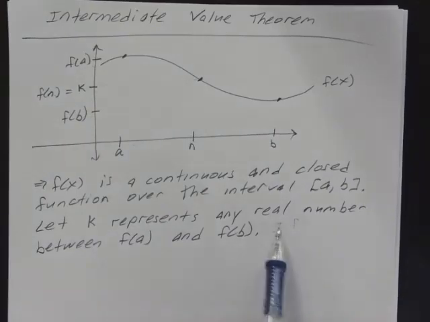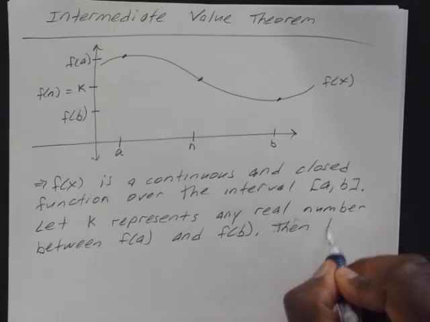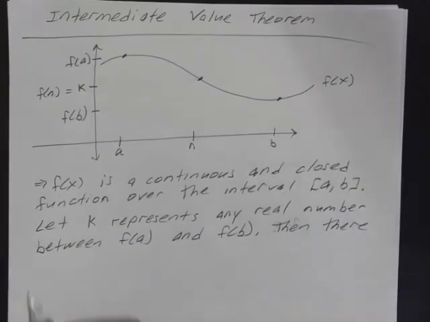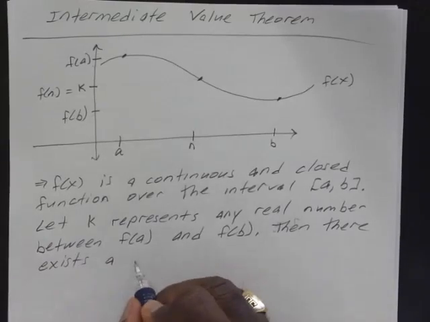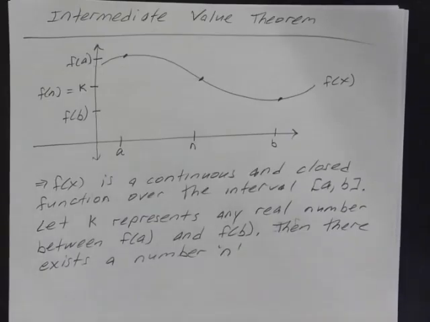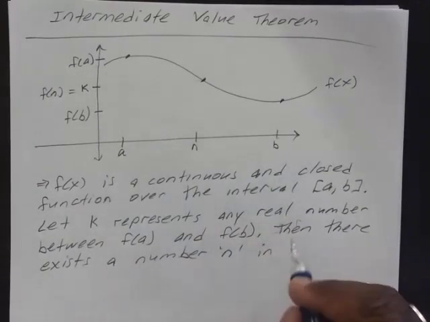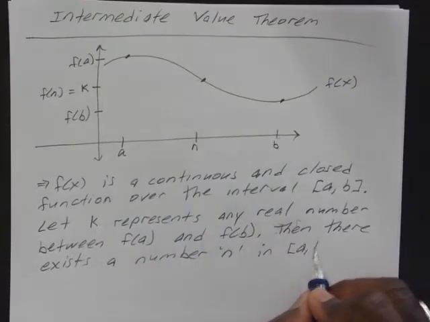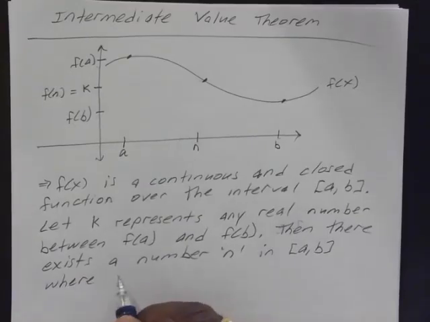Okay, so there exists a number n in our interval from a to b where f of n is equal to k.